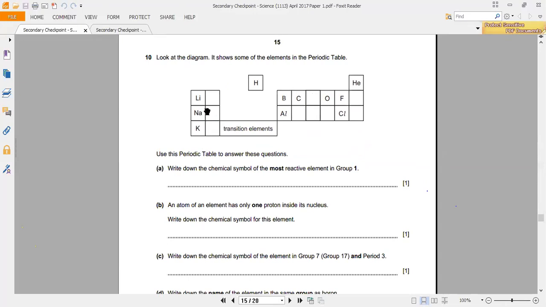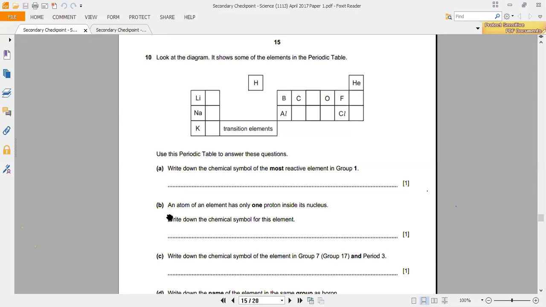This is group number A. Group A is known as the alkali metals, okay? And the reactivity increases as we go down the group. So the most reactive element in this group is potassium, which is symbolized by the letter K.